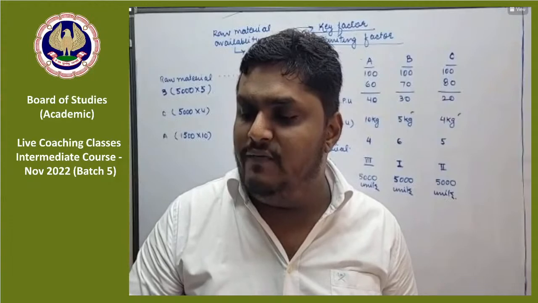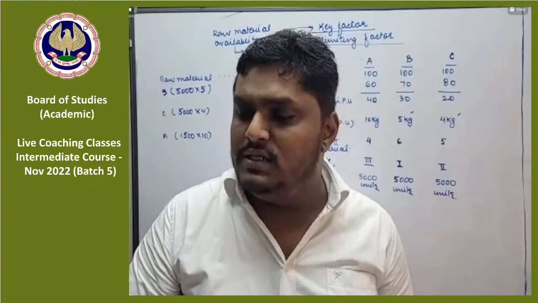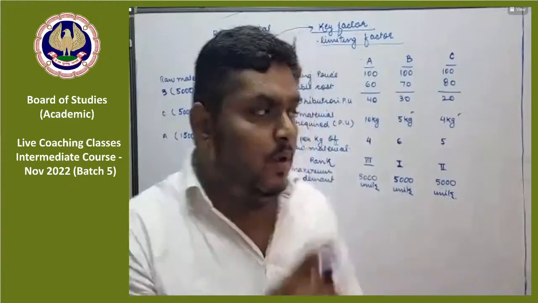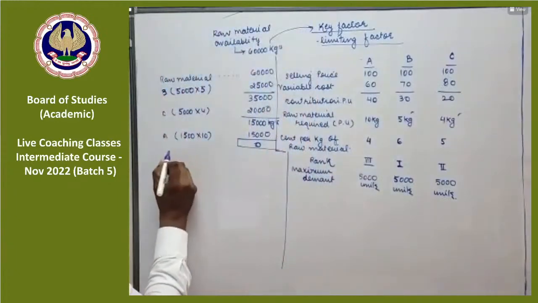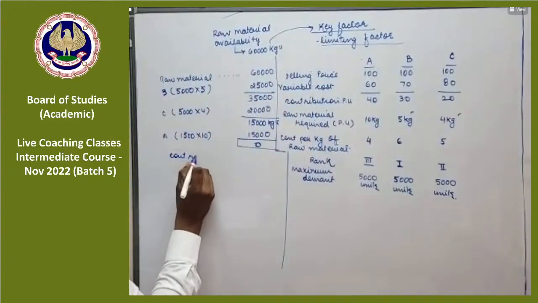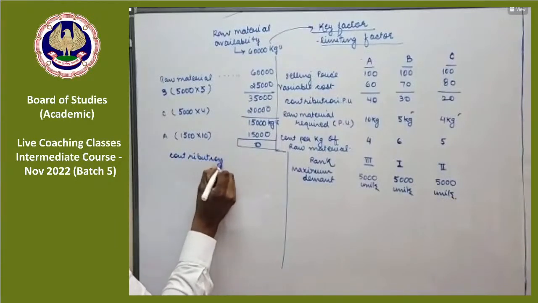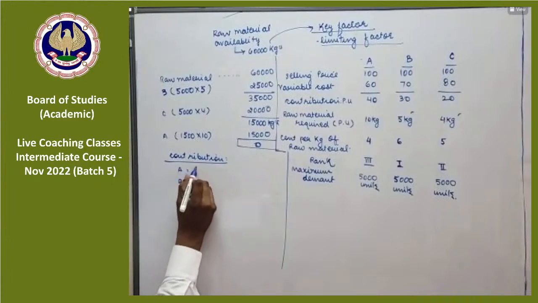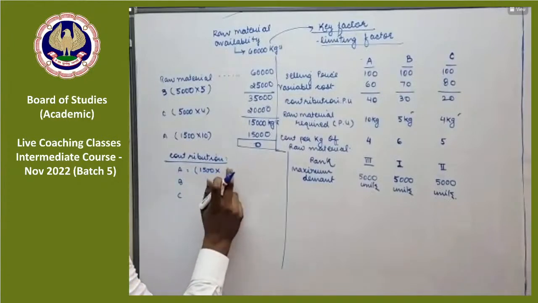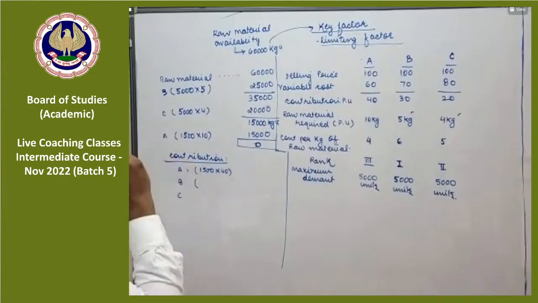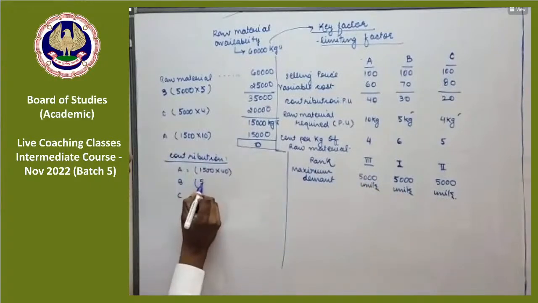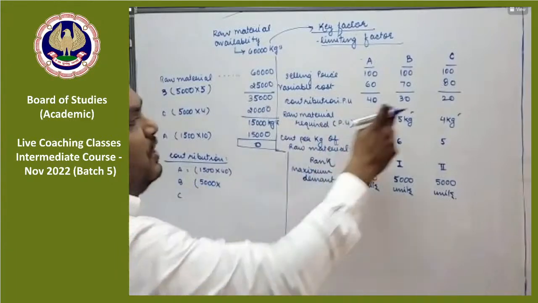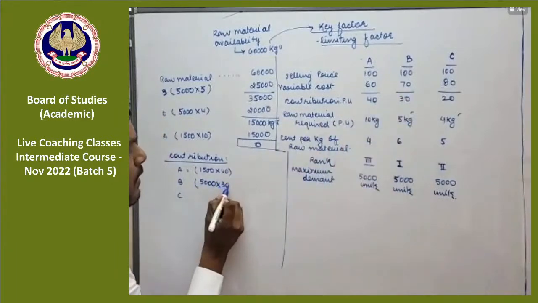Very good Rashmin Kumar, very good Prabhas, very good Vikas, very good Mangeshwaran. So now when calculating the contribution in this case, product A, B and C. Product A we manufactured 1,500 units. So 1,500 into contribution per unit, how much? 40. Product B, we manufactured the entire 5,000 units and the contribution per unit is 30.